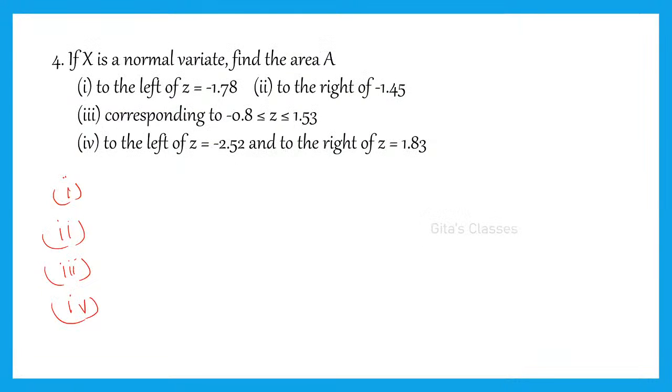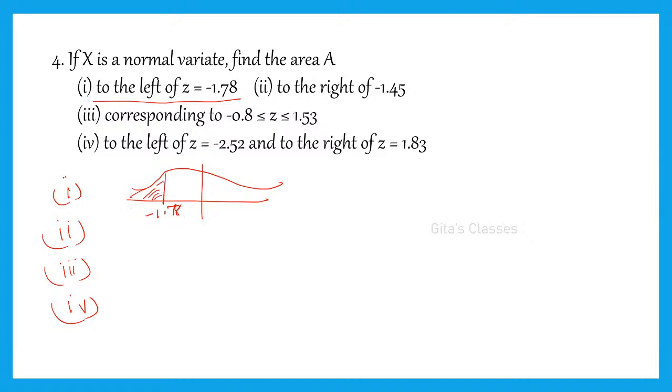For the first one, students have given 0.4625. No, it is left side of minus 1.78. 0.4625 is the value for 1.78, right? So what is the area to the left of z equal to minus 1.78?